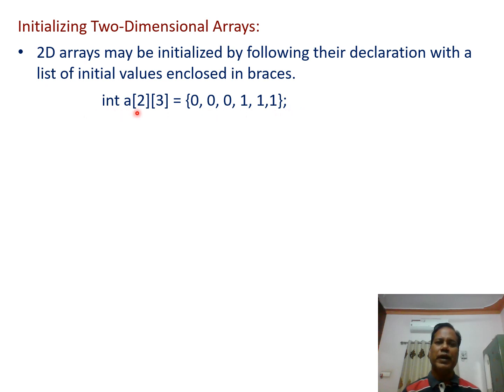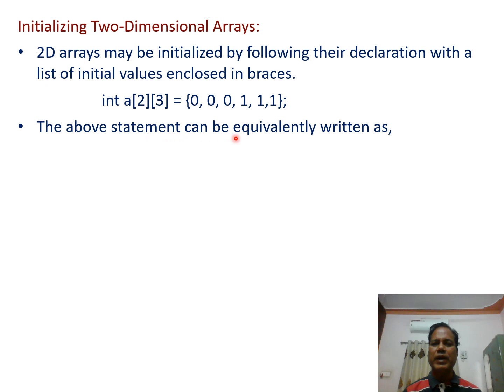So int A[2][3], 2 rows, 3 columns, equals, in curly braces, we write the values, and these values are written row-wise. So in the first row 0, 0, 0, in the second row 1, 1, 1, and we see that all these values are separated by commas.